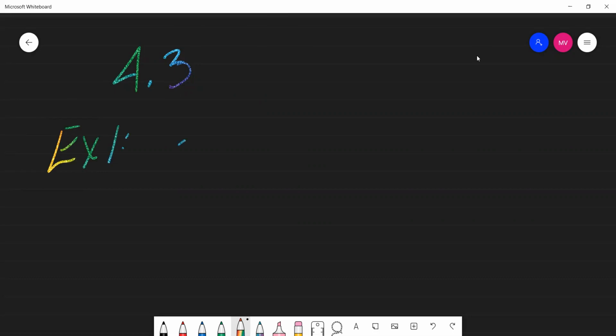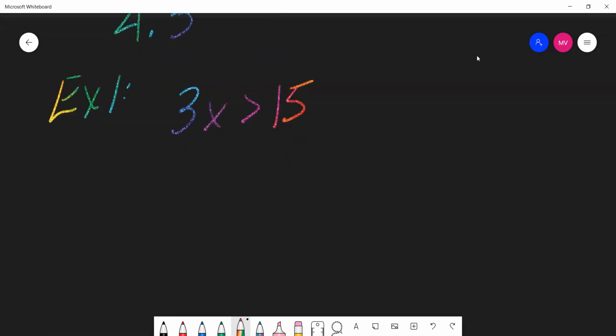In example 1, we have 3x is greater than 15. Remember, in the previous unit, we solved for x and then created a solution that would work with a particular inequality. So in this case, what do we do to isolate our variable x and create a solution? This is an easy one. We divide both sides by 3.